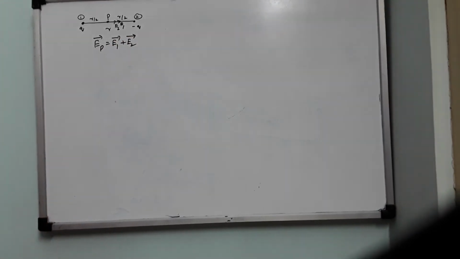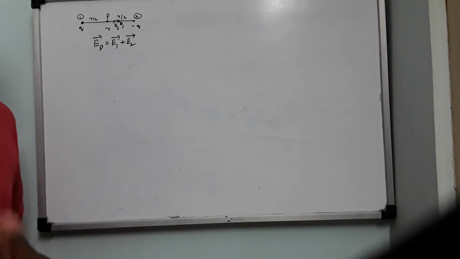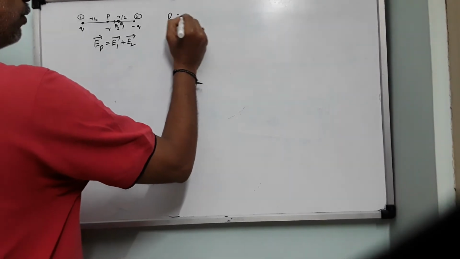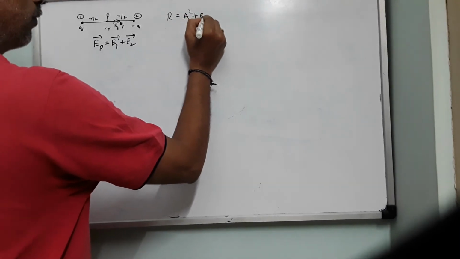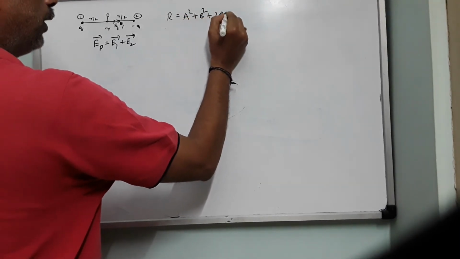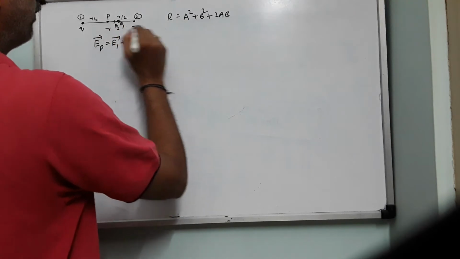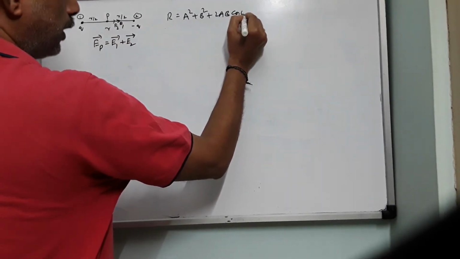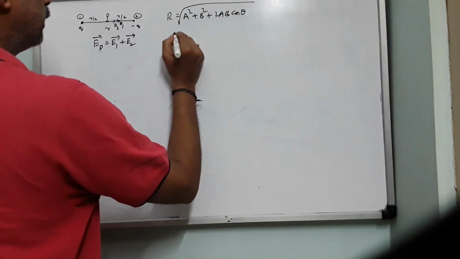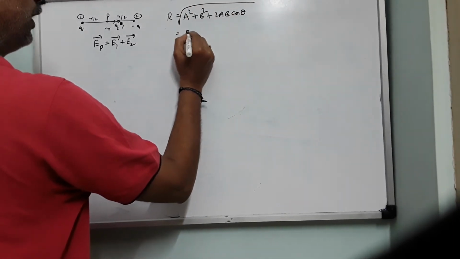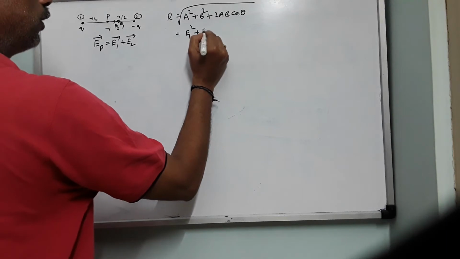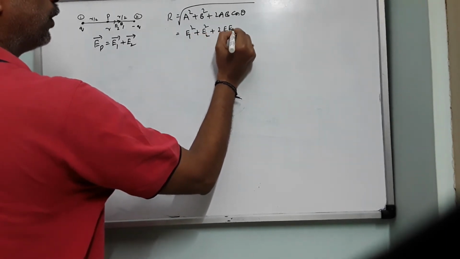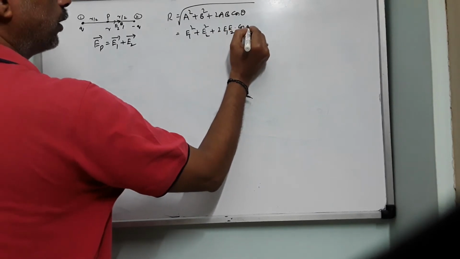Now, if two vectors are pointing in the same direction, we have this concept, that R equals under root A square plus B square plus 2AB cos theta. Now the angle between these two vectors is 0, so this is under root E1 square plus E2 square plus 2 into E1 into E2 into cos 0 degree.